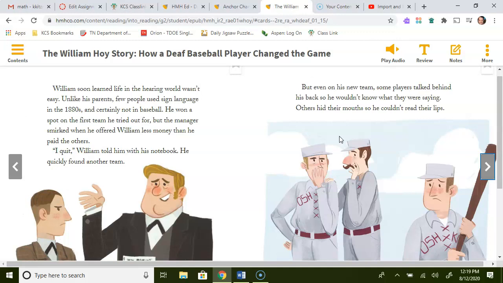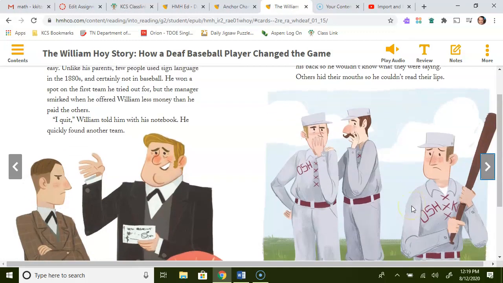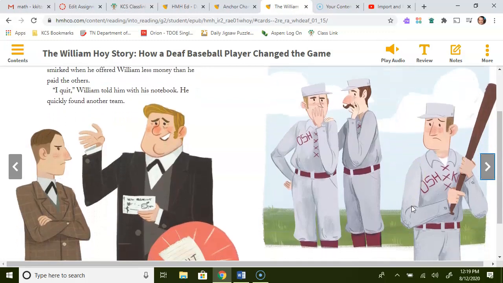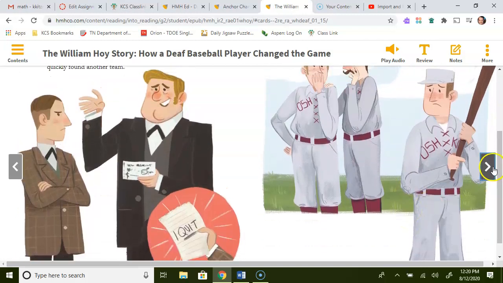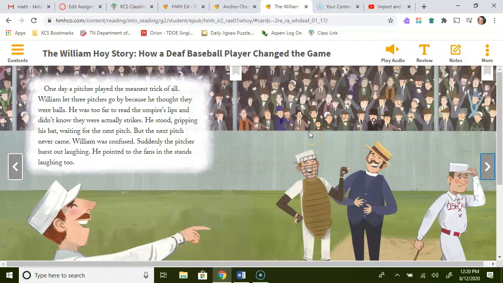And he's kind of learning that he may be a little different than everybody else. So look at William. How do you think that's making him feel? Yeah, probably pretty sad and upset. So what would you do right now if you were William? Would you stop and walk away from baseball? Or would you press on? Let's see what William does.